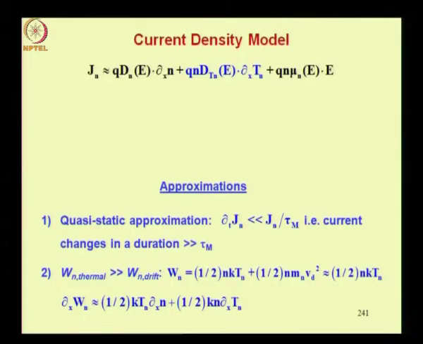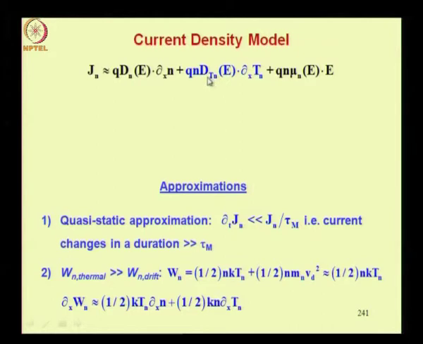So, under these two approximations, namely the quasi-static approximation where we have dropped the dou Jn by dou t term, and using this derivative of the energy density with respect to x, the equation becomes Jn is approximately equal to q times the diffusion coefficient of electrons multiplied by the concentration gradient, plus q times the carrier concentration n times D suffix Tn.